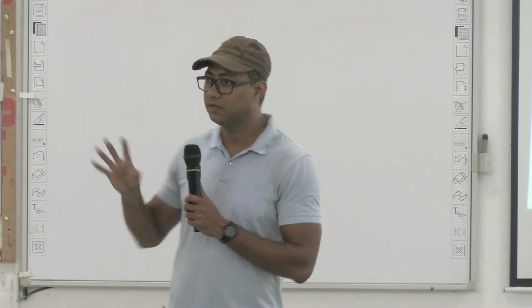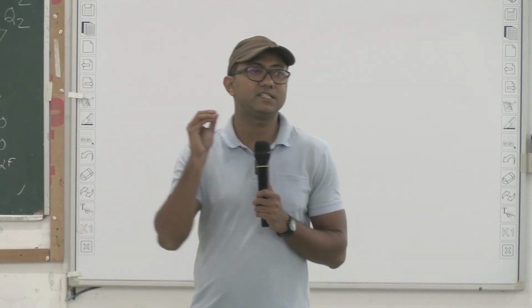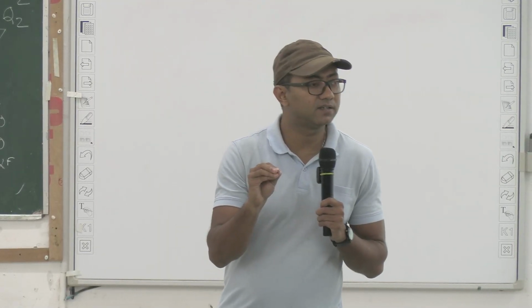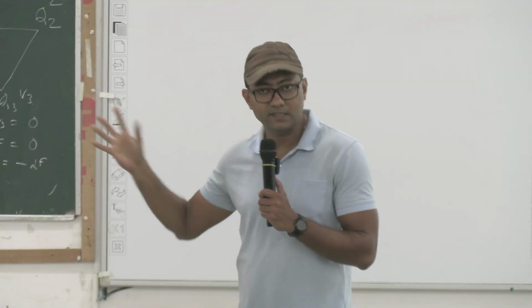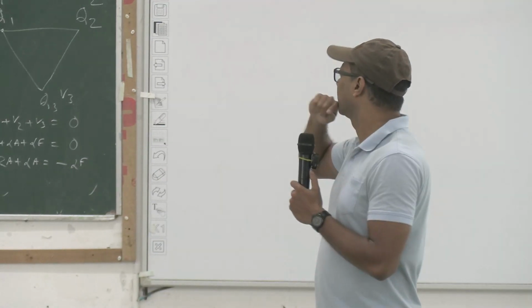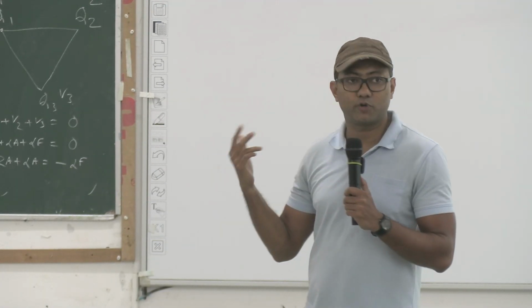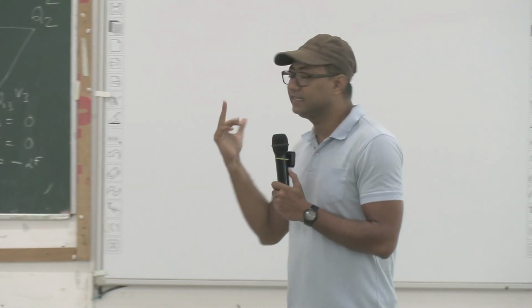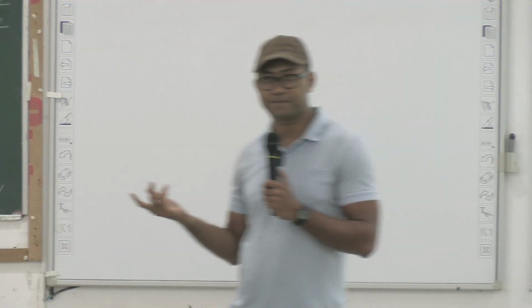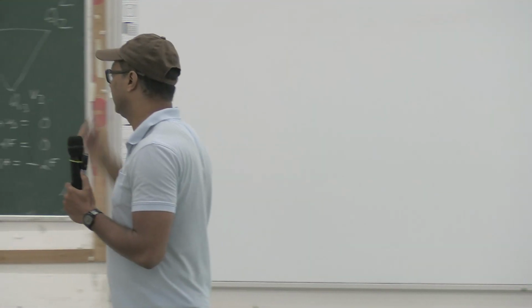Now tell me, lead 1 is measuring potential difference between RA and LA. See the picture? Lead 2 is measuring potential difference between RA and LF. Lead 3 is measuring potential difference between LA and LF.